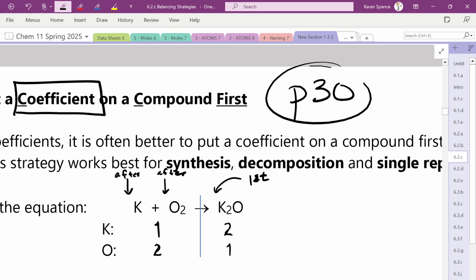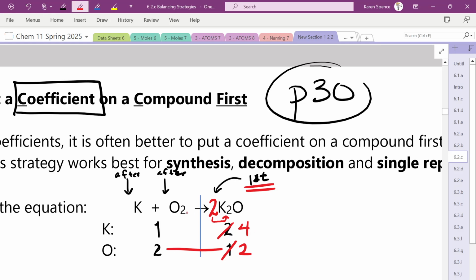So if we want to fix something, and I want to put a coefficient over here first, if I put a 2 here, that will fix my oxygens. So now those two are the same. And that means now that if I have a 2 here, that also changes my K to a 4.